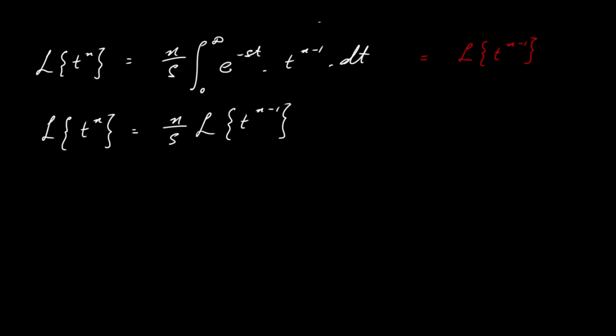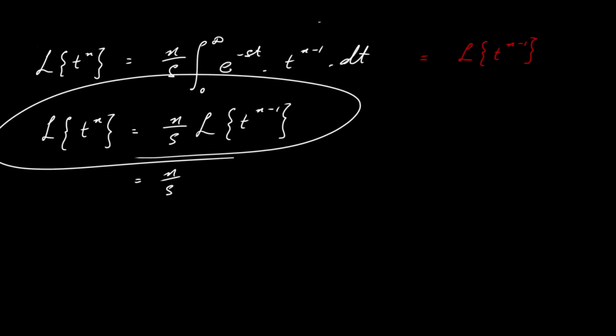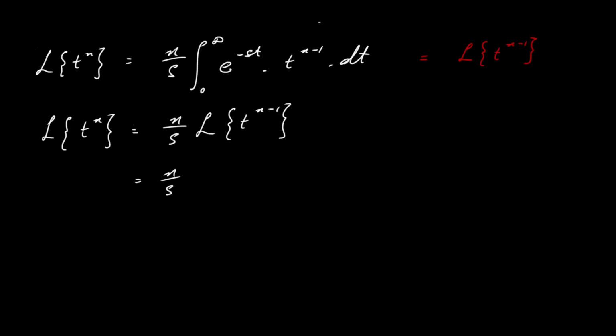So if I was to continue on with this, what I would get is n over s times, then I would have to do the Laplace transform of t to the power of n minus 1. Following the same pattern as this here, the n ends up here, the s is down here. So what I would get is n minus 1 over s times the Laplace transform of 1 less than this power again, so it's t to the power of n minus 2.